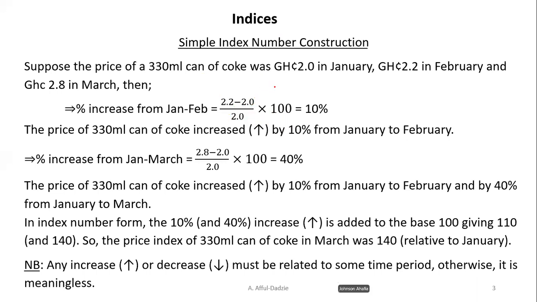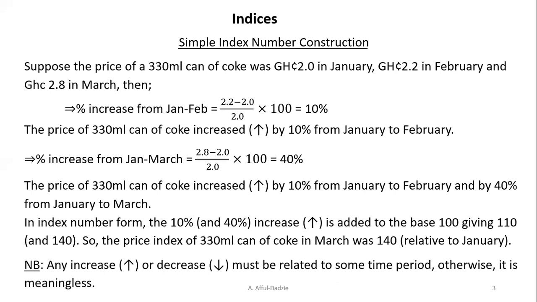In this case, we have 10%. What this means is that between January and February, the price of Coke has increased by 10%. If we do the same for March, then you would see that we have a 40% increase in price.